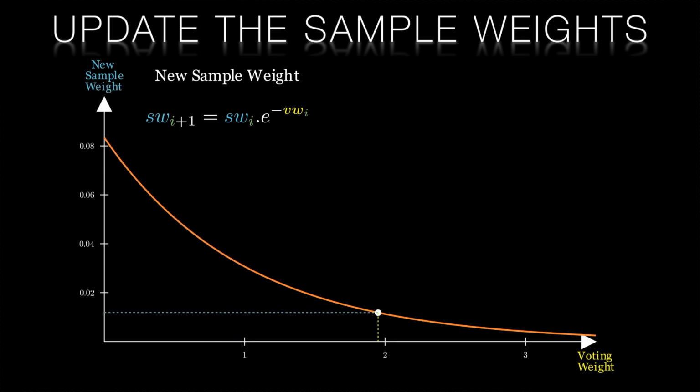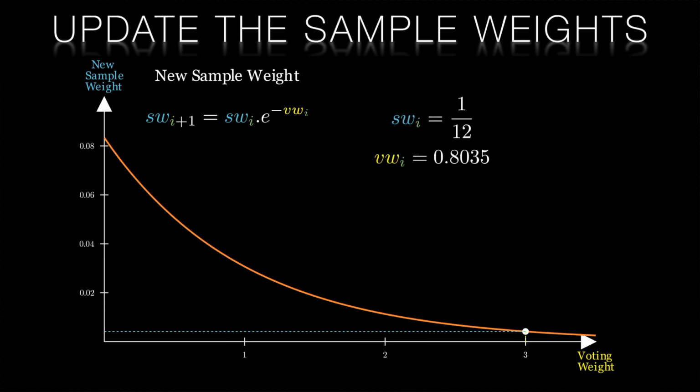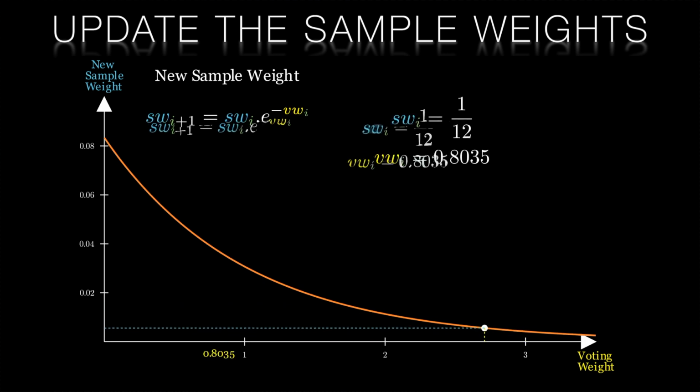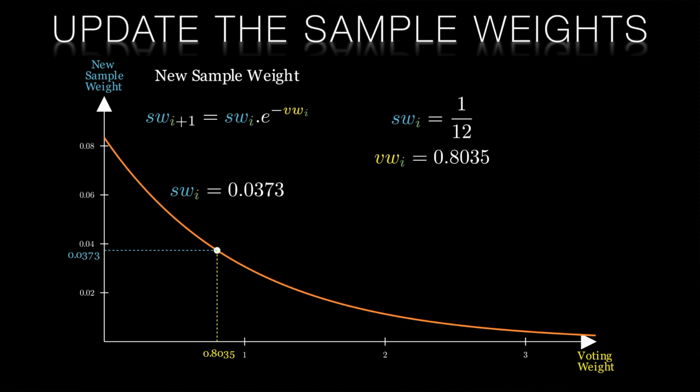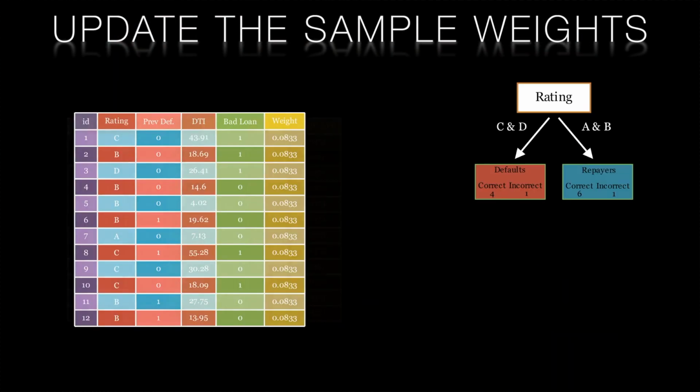When we plug in the old sample weight of 1/12 and the prior stump's voting weight of 0.8035 into the formula, or read the value from the chart, we see that the new weights of the correctly classified samples therefore reduce by over a half to 0.0373.